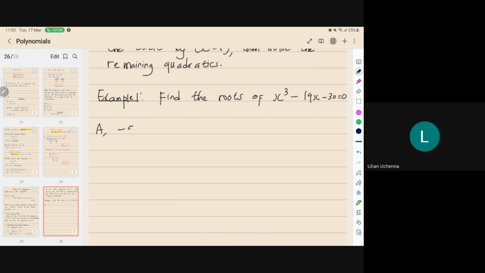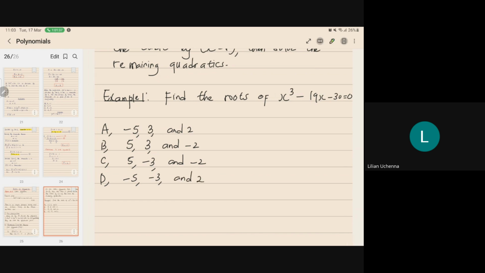A is minus 5, 3, and 2. B is 5, 3, and minus 2. C is 5, minus 3, and this makes that work easier for you because they've given you the possible factors: minus 5, minus 3, and 2.